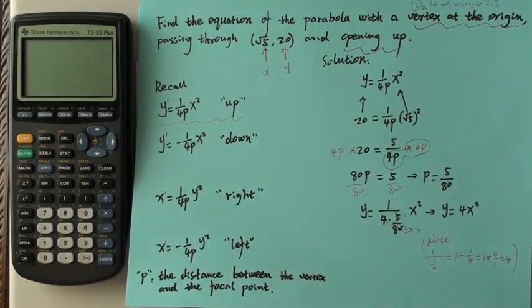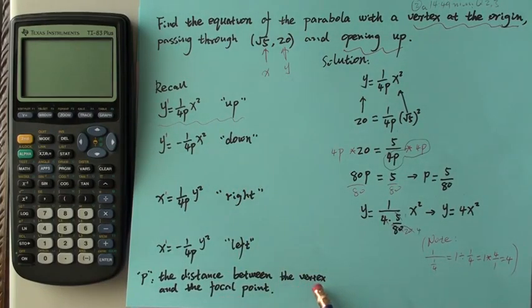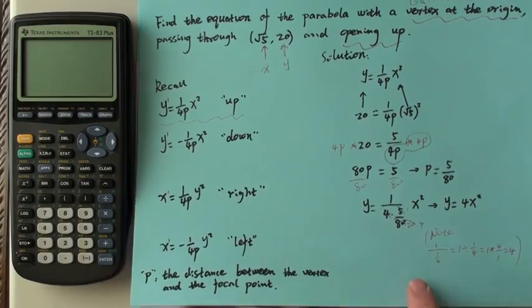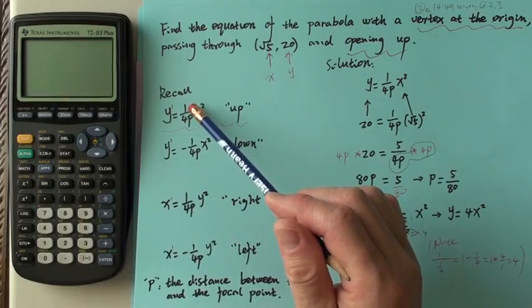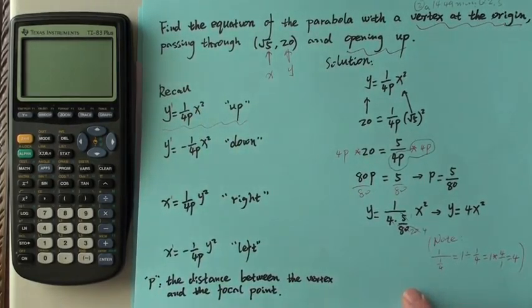That's what you want to keep in your mind. And p is the distance between the vertex and the focal point. Okay. Now, remember one more time, 1 over 4p. Okay, that's the thing you got to remember.